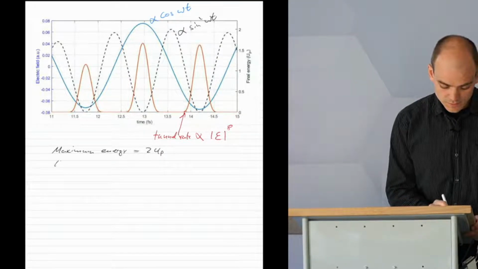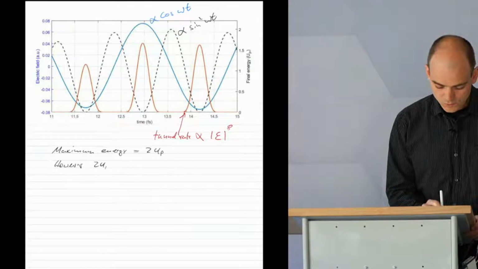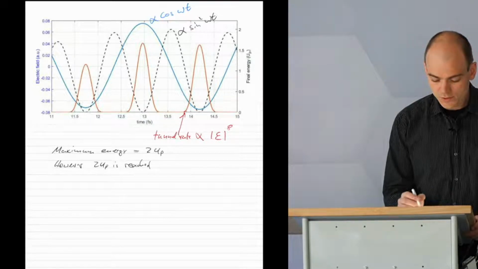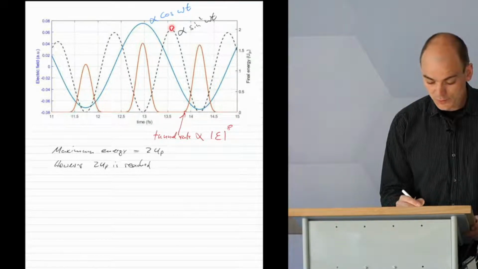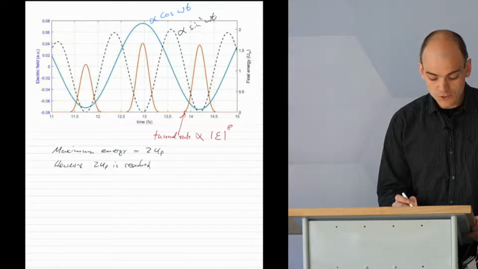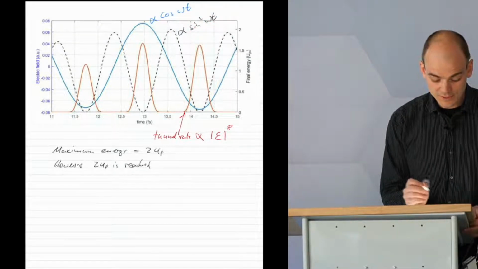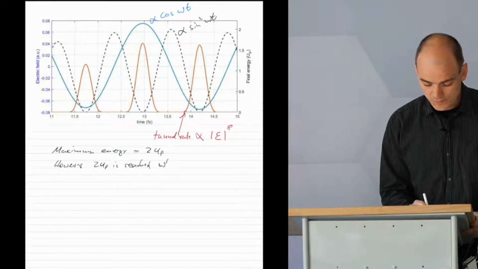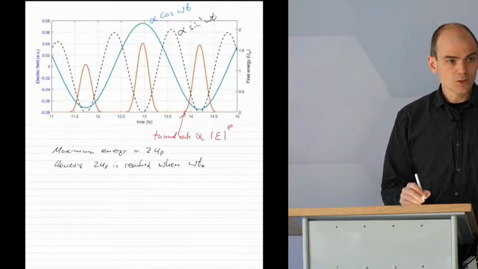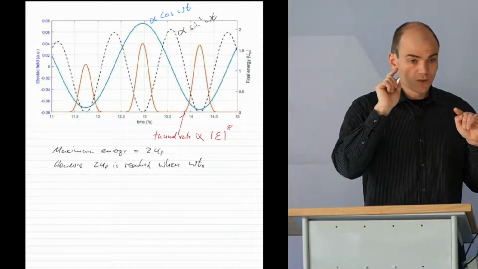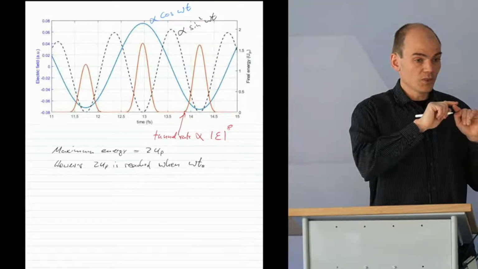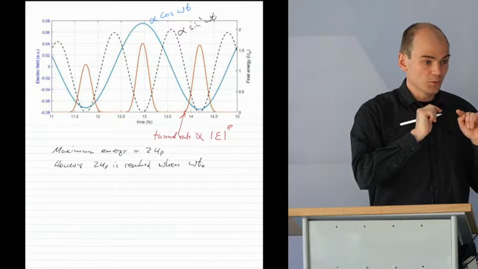However, 2 UP is reached when this here is maximum, so when the sine squared is at a maximum, which means that omega t0 needs to be at pi over 2.